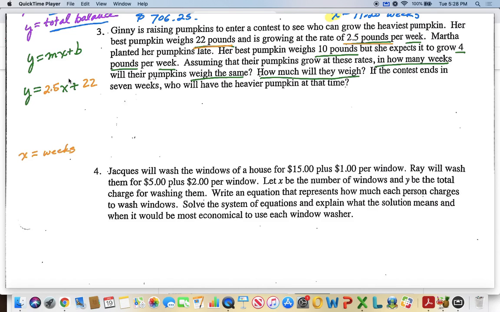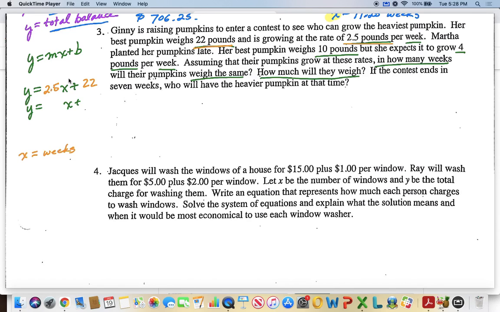All right, so now we have our equation for Ginny, and we need an equation for Martha. So that will be y equals m times x plus b. Let's figure out what the m and the b are going to be.